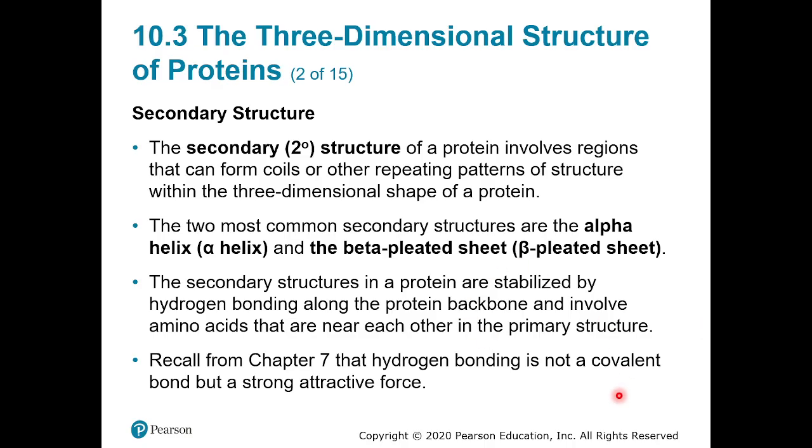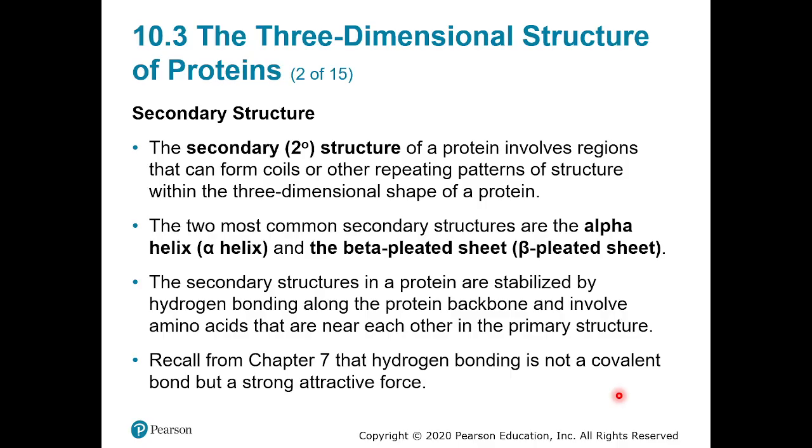Okay. So if we look at chapter 7 again, we have the hydrogen bonding. This is not a covalent bond, but it's a very strong attractive force. And so what you'll see here is either large amounts of nonpolar attractions or hydrogen bonding can hold things together quite effectively, actually. Okay. Is it completely uninterruptible and we can't do anything to it?